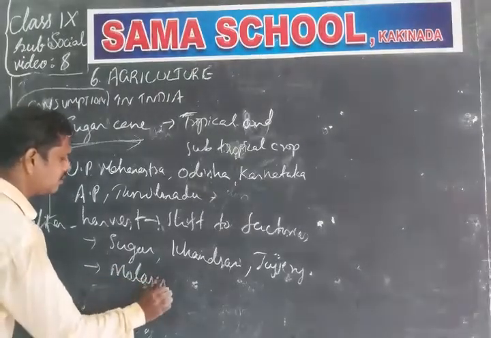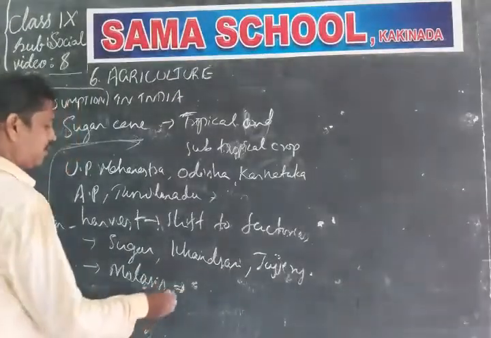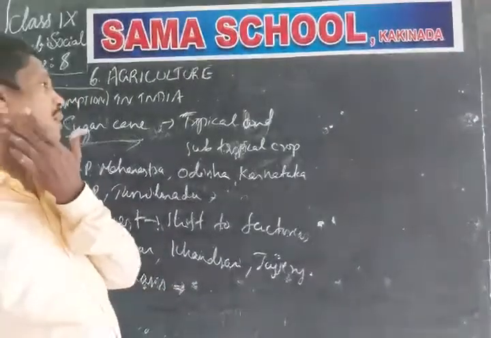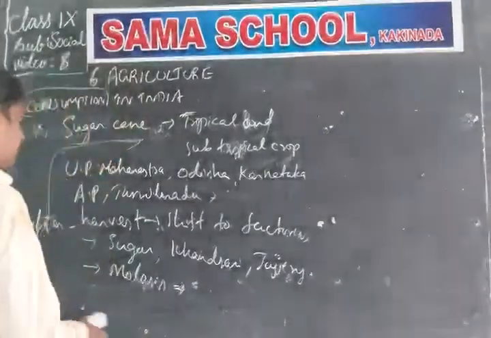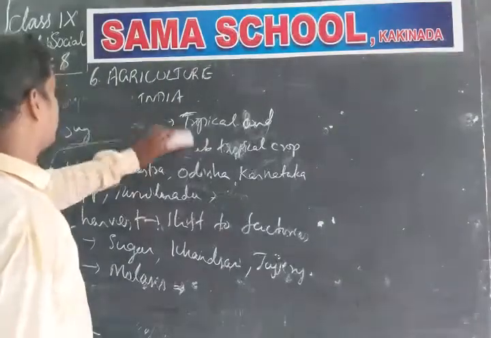This molasses is useful on one side for the crops, and on the other side a most useful fuel is prepared for flying aeroplanes. Okay, this is about non-food crops.